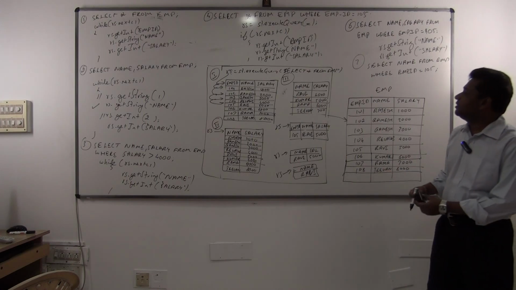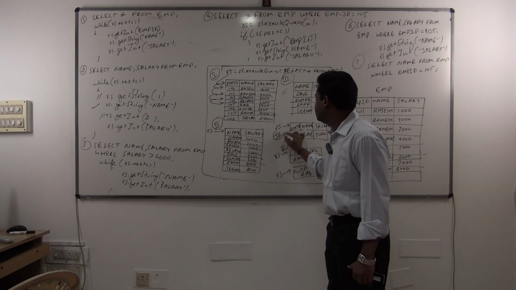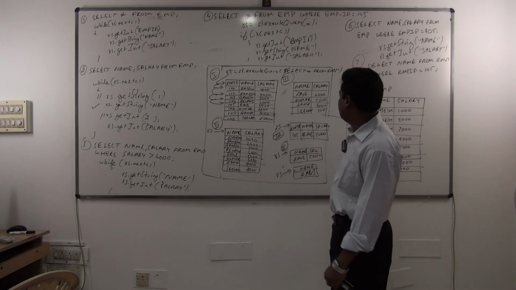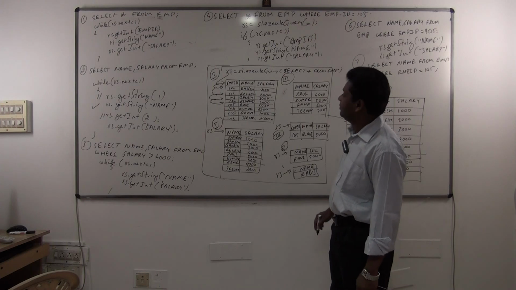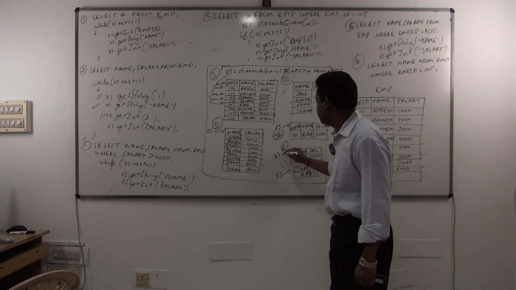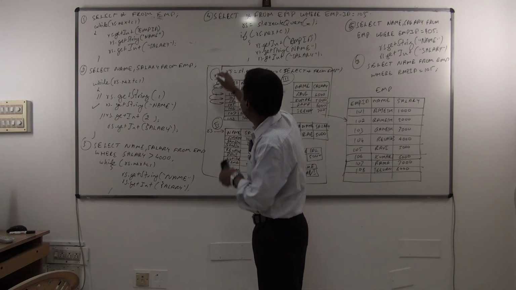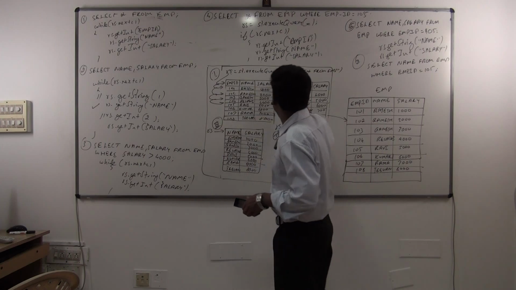I have shown you each one now. This is the 3rd result set, this is the 4th, this is the 5th. Oh, I wrote 4, okay, this is 5. This is 6. 6 queries I am showing you.